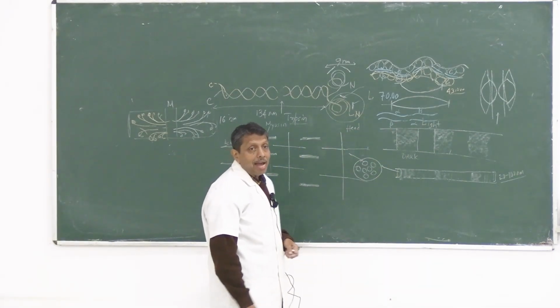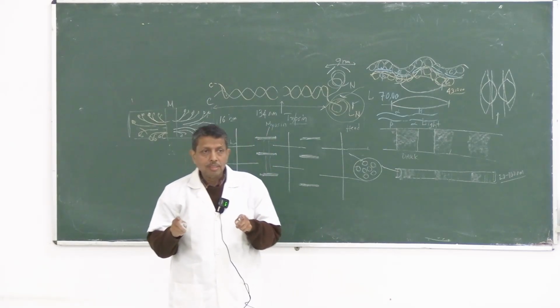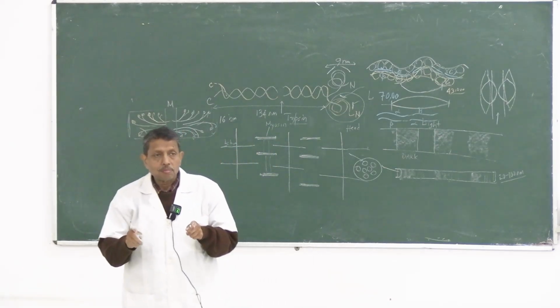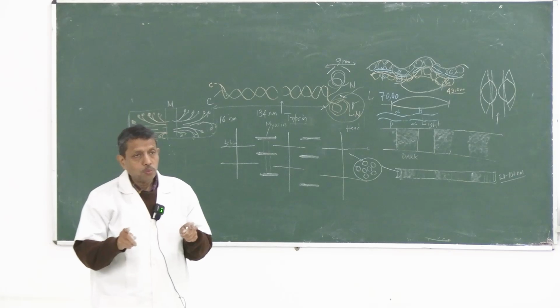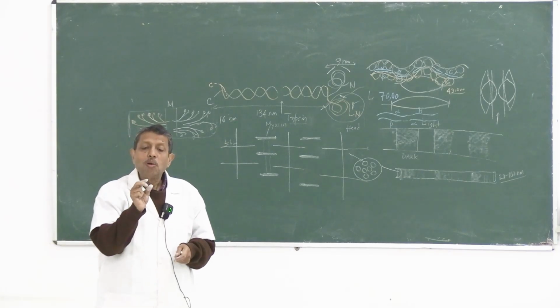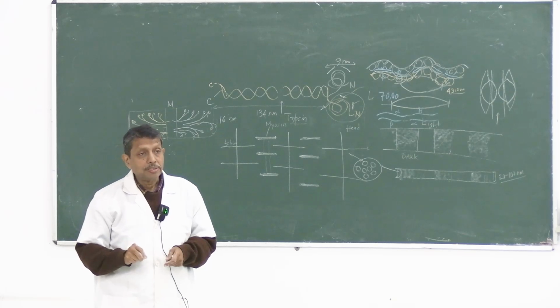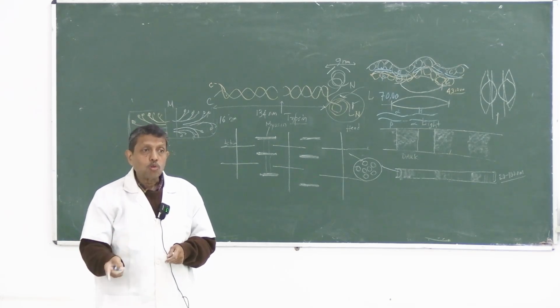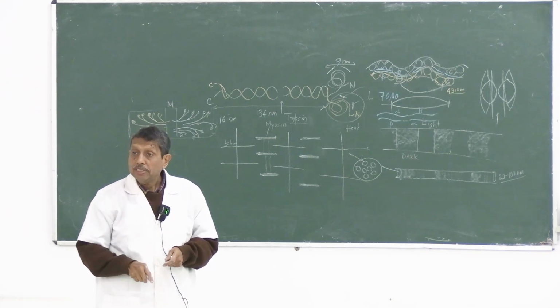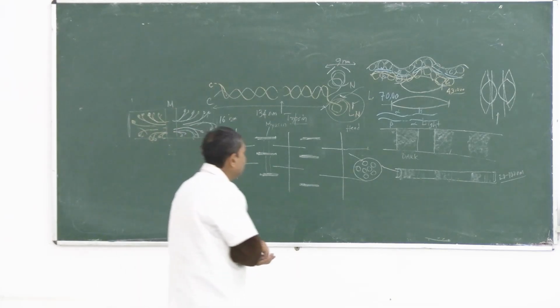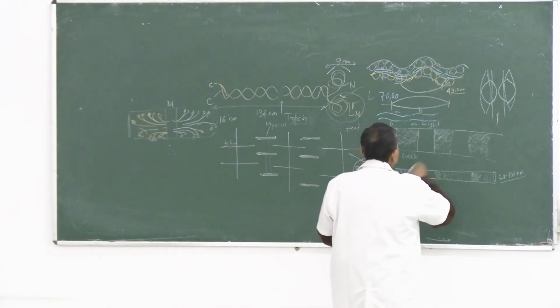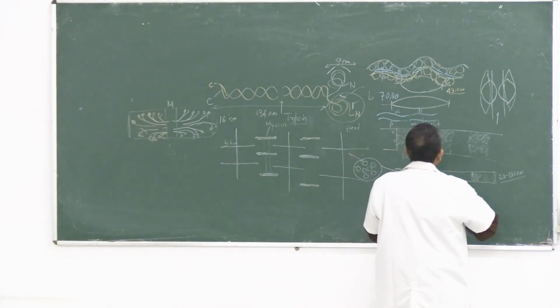Tropomyosin. And at distances, suppose the distance is 38.5 nanometer or so, there are these globular molecules. They are called troponins. They have three components: troponin T, troponin I, and troponin C. Suppose at these distances there is this type of molecule.